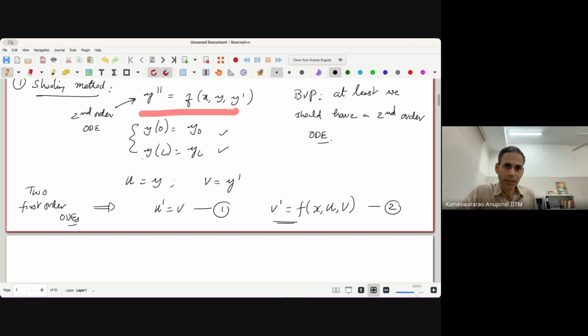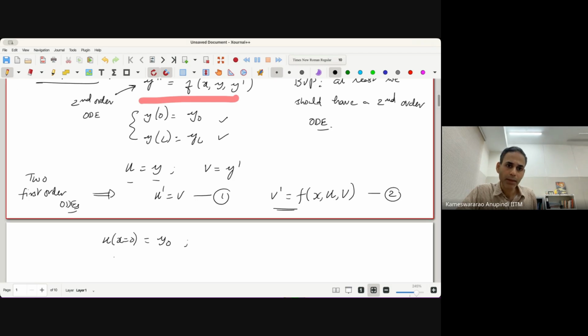So the boundary conditions are given as y at x equal to 0, and because my y is the same as u, we can write one boundary condition as u at x equals 0 equals y sub 0. That is what is given. The second boundary condition is u at x equals L equals y sub L. Now you can clearly see we want to solve u prime equals v and v prime equals f of x, u, v.